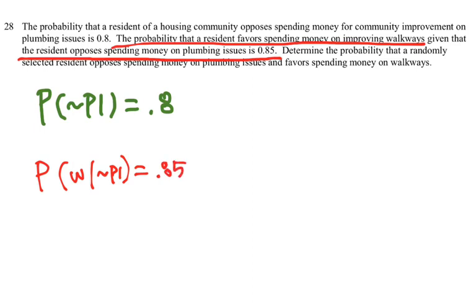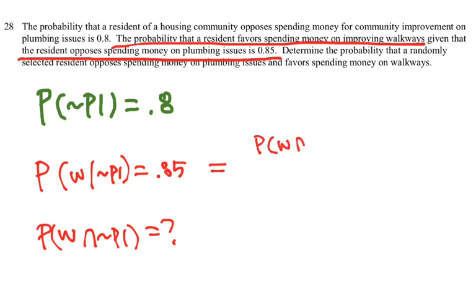Now, but we have to realize that we are looking for probability of walkway and not PL. So then using the formula we get to realize probability of walkway and not PL over probability of not plumbing, not favoring plumbing.